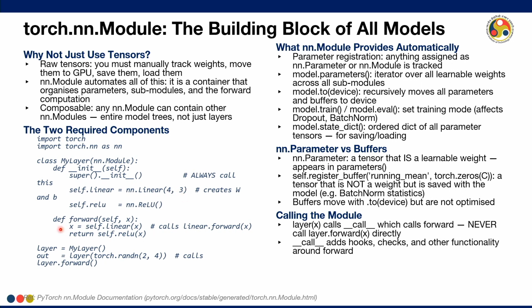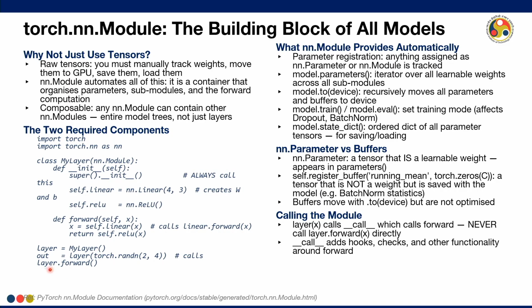And then we have this forward pass, right? So here x equals self.linear, so we are calling the linear forward, and then we are returning self.relu. So these are the two layers that are running. The output of the ReLU will be returned from this forward pass, right? So layer equals MyLayer; this is the definition of the layer object, and we are creating out, which is the output tensor, the output of this entire neural network, and we are calling layer.forward.